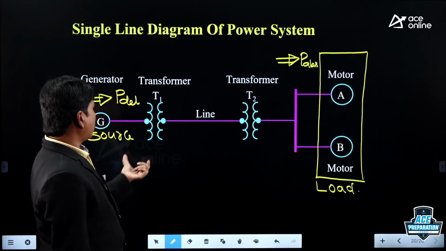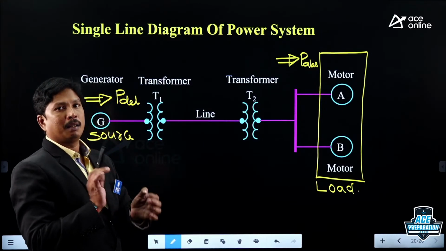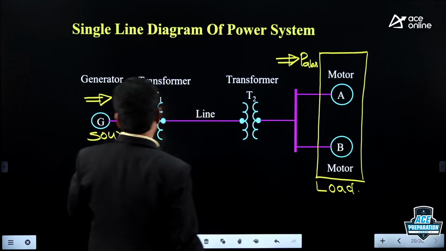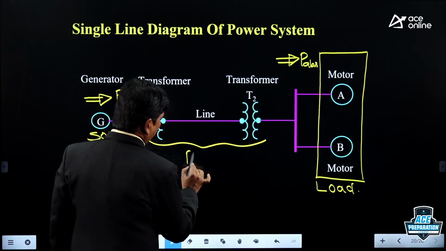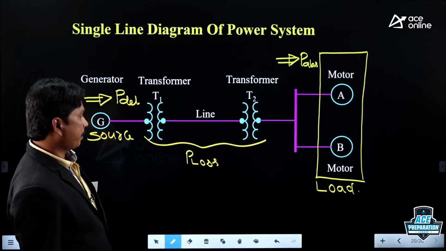It is delivering, so it is a source, but a transformer is not a source. Transformers and transmission lines are power transmitting elements, right? They absorb some active power and give some active power, whereas in this zone we have the power losses. Clear?